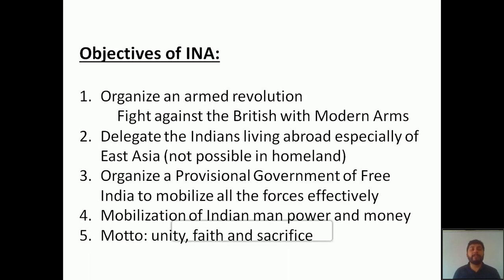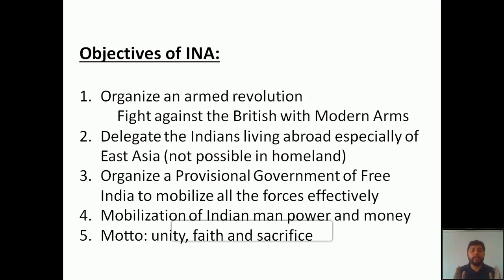And the last objective of the Indian National Army was, they had a motto, that means unity, faith and sacrifice. When we were discussing the Forward Bloc, we saw that Subhas Chandra Bose believed in socialist ideology. That means unity.